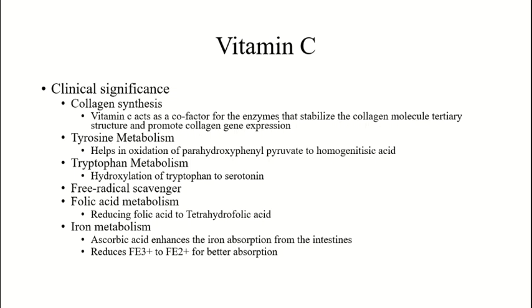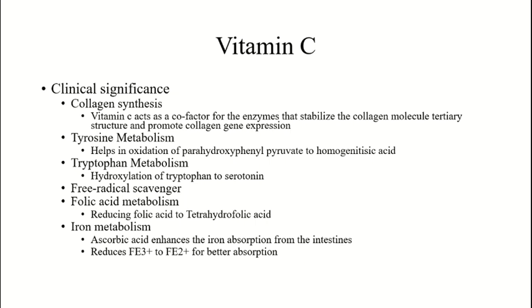Okay. Now, vitamin C is involved in the maintenance of body functions. It acts as a cofactor for the enzymes that stabilize the collagen molecule tertiary structure. It promotes collagen gene expression as well. It is also found to be involved in both tyrosine and tryptophan metabolism. Vitamin C also acts as a free radical scavenger.